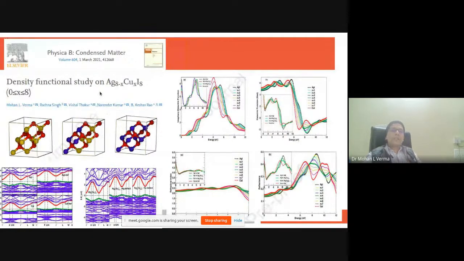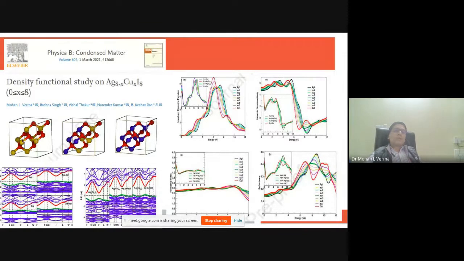This is the second crystalline material. The first one is also a crystalline material, and this is a composite of silver and copper. One beauty of density functional theory is that you can replace each and every atom of the system.